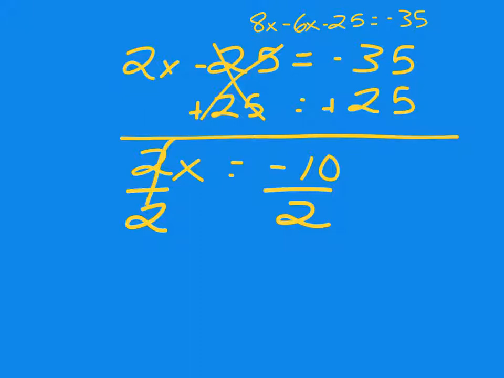The 2's on this side cancel out, leaving me with just x. On the other side, we have a negative 10 divided by 2. Negative divided by a positive tells me that my answer is going to be a negative, and 10 divided by 2 is just 5. So my answer is going to be x equals a negative 5.